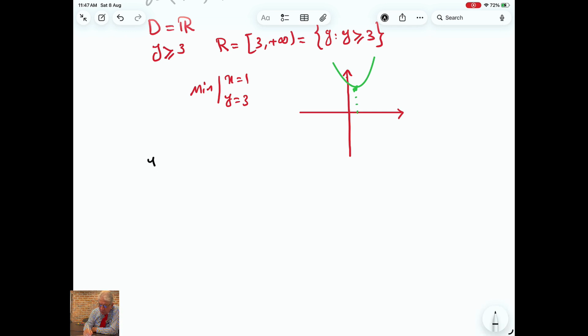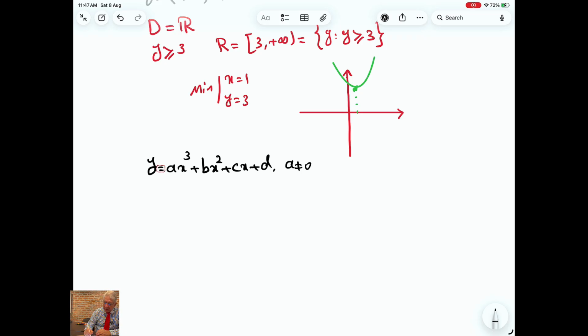If you have y equal to ax to the power of 3 plus bx squared plus cx plus d, when a is not equal to 0, this is a cubic function.